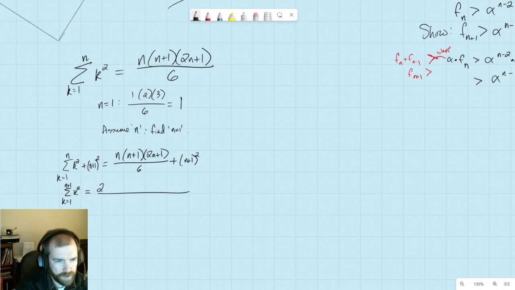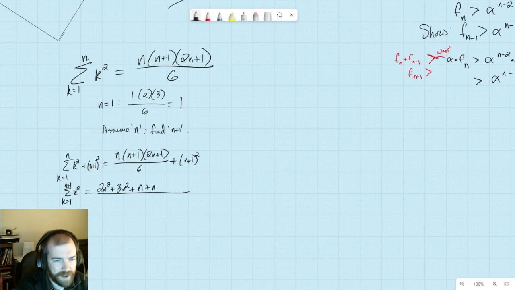We're going to get 2n cubed plus 2n cubed, 2n, 3n squared, plus 1n is going to be just 1 plus 1, so n, plus this thing, n squared plus 2n plus 1. Oh, shoot, messed up.